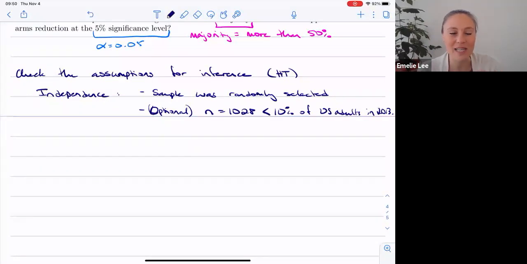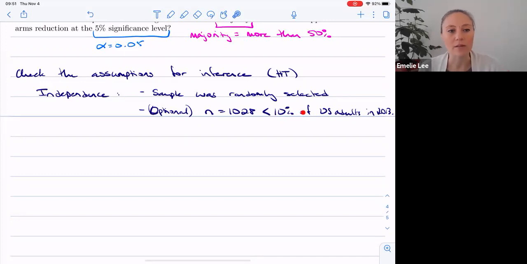How do we know it's less than 10%? We just assume. But also, you think about the population of US adults and is 1,028 reasonable to assume that it's less than 10% of US adults? Yeah, it is, right?